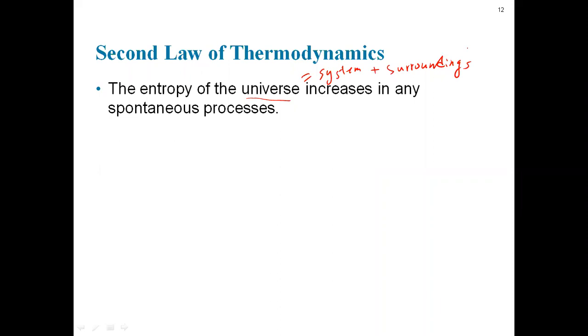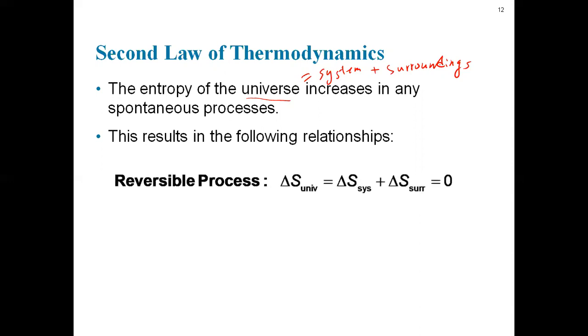So the entropy change of the universe equals the entropy change of the system plus the entropy change of the surroundings. This results in the following relationship.